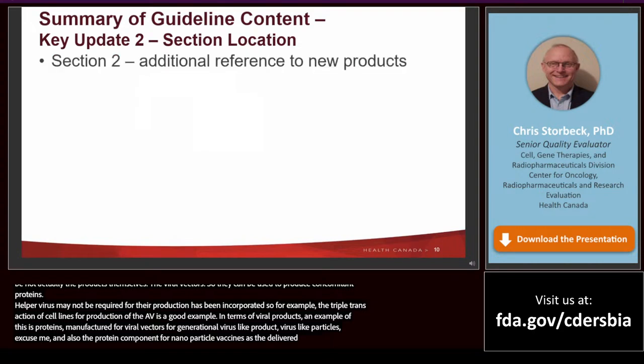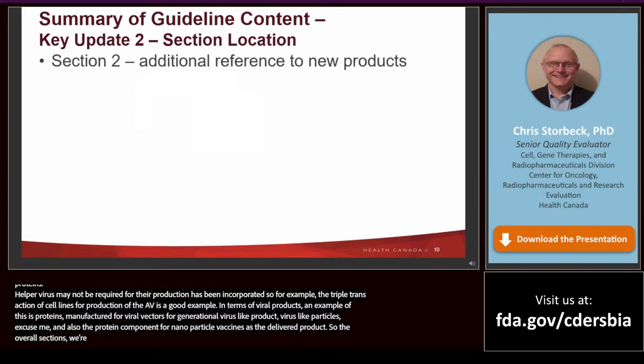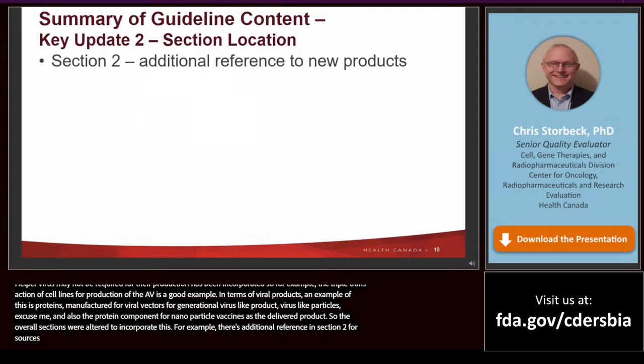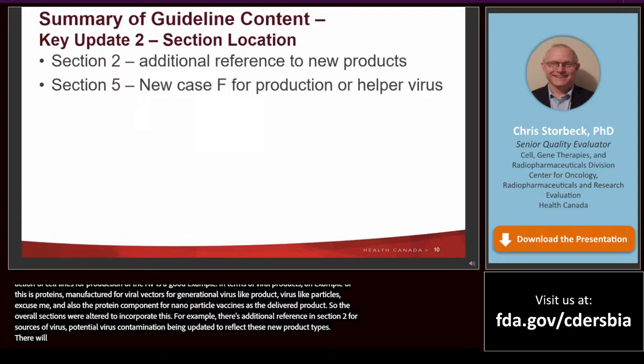So the overall sections were altered to incorporate this new information for new product types. For example, there was additional reference in Section 2 for sources of potential virus contamination being updated to reflect that for these new product types there will be virus seed banks.